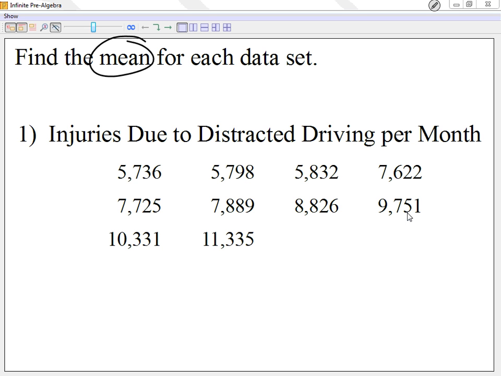So I add everything and it gives me 80,845. Like I said, I added everything. That's basically what I did.